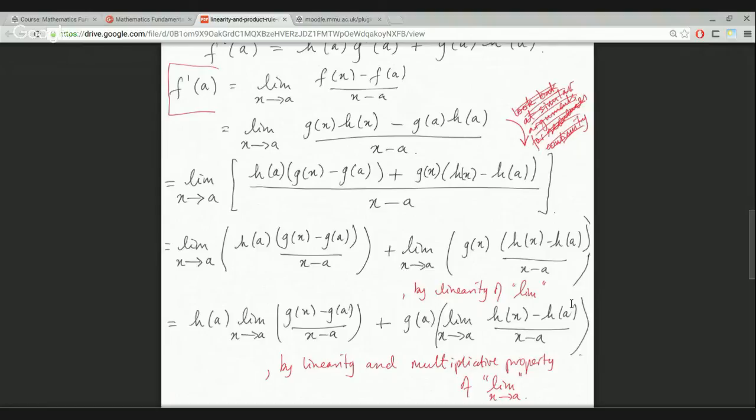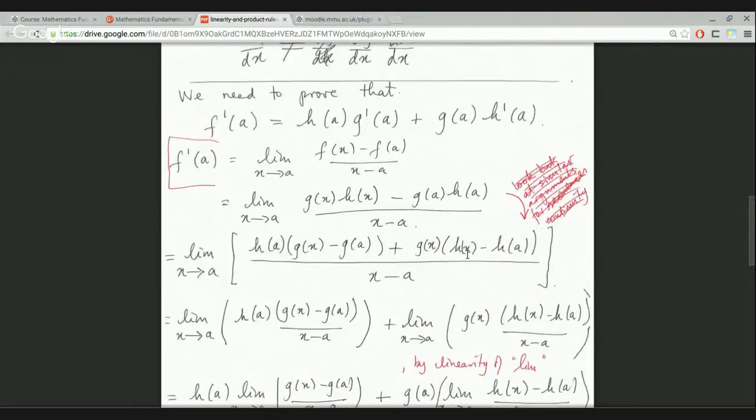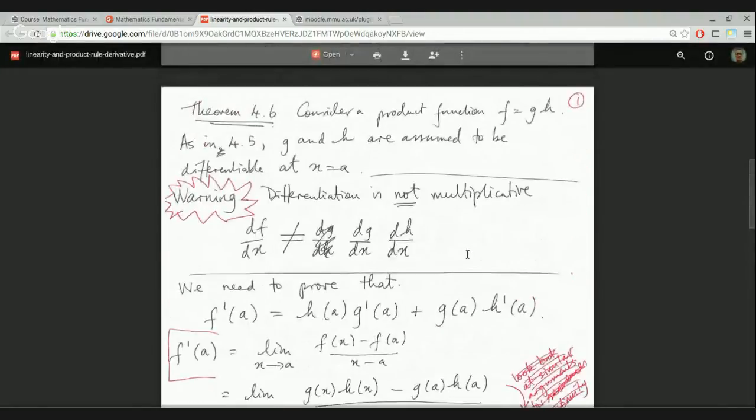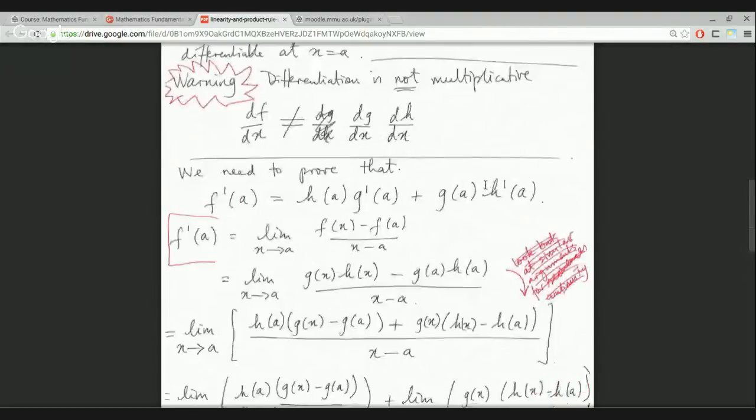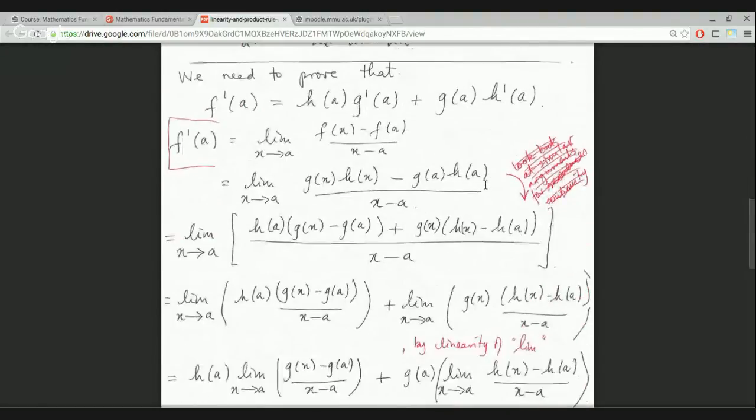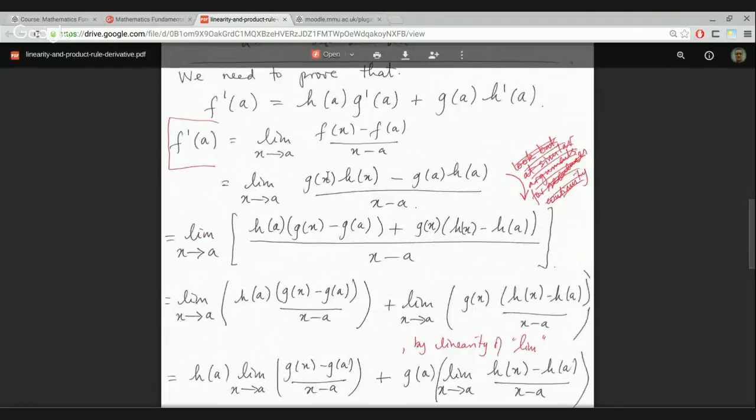That was that line. Okay, so when we were doing the product rule, here f was the product of these two functions. F was g multiplied by h. So the next line then was putting in f of x as g of x times h of x, and f of a as g of a times h of a.